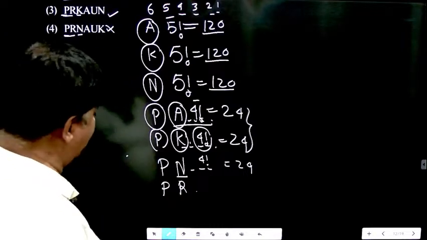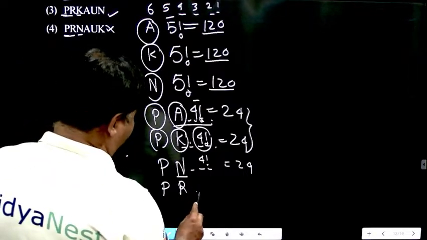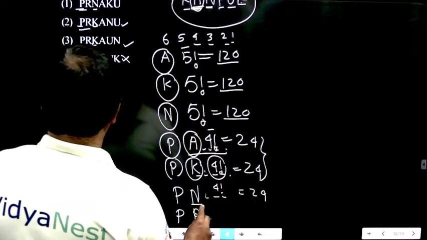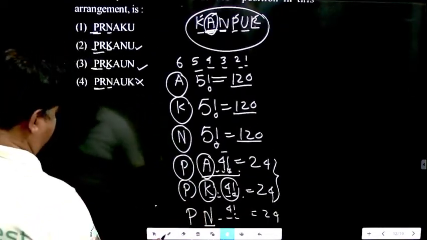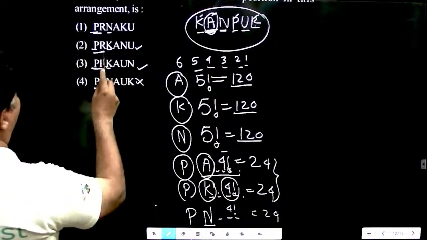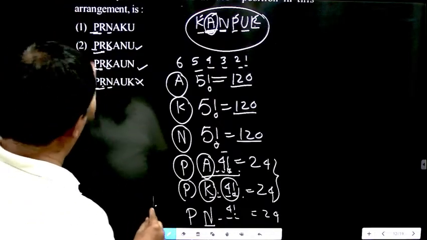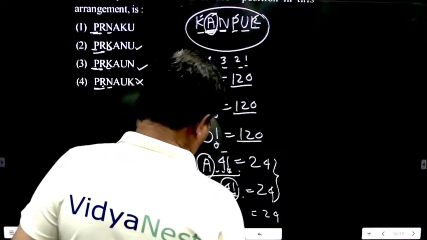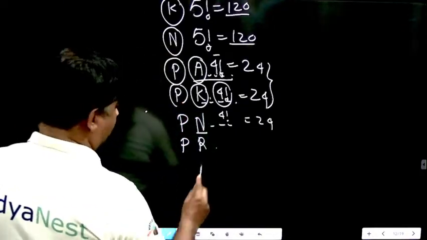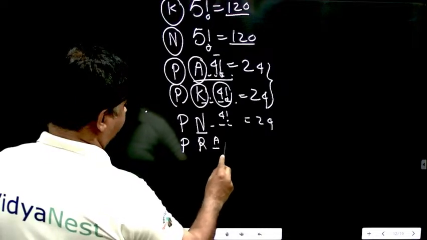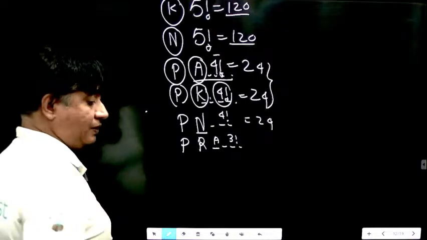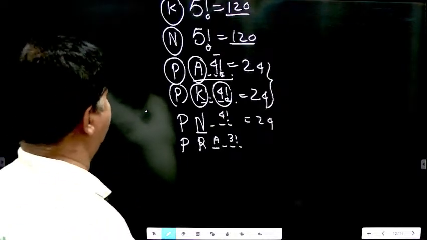Now once I put R, then R, now the third position will be occupied by whom? First, the third position will be filled up by A, then factorial 3 will be left as the number of arrangements, that is 6.